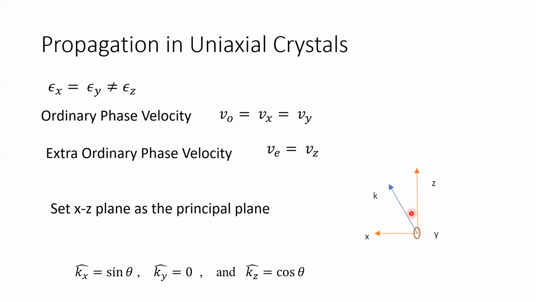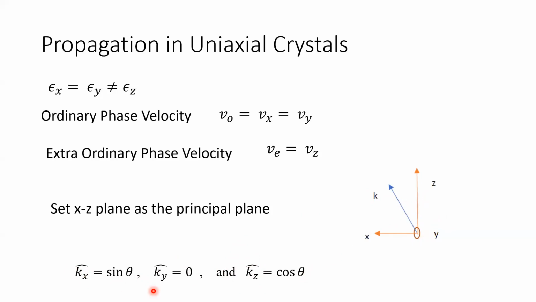The angle between k and z is theta. So kz is cosine theta, kx is sine theta, and since y is perpendicular to k, there is no component of k along y. So ky is 0.